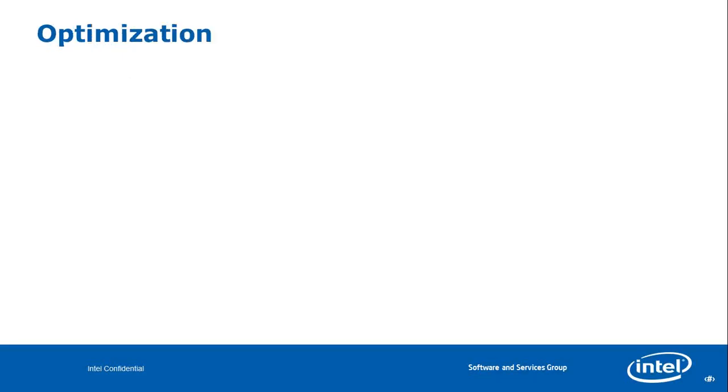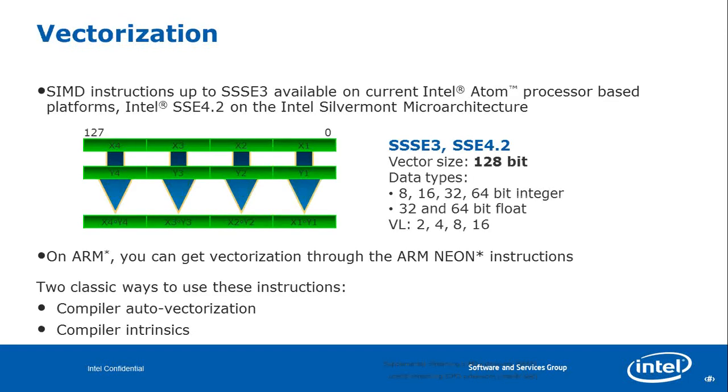After the demo, let's get into some of the optimization steps which are available for NDK applications on x86. In optimization, I would like to mention two types of optimizations which are available for the x86 platform. One of them is vectorization.